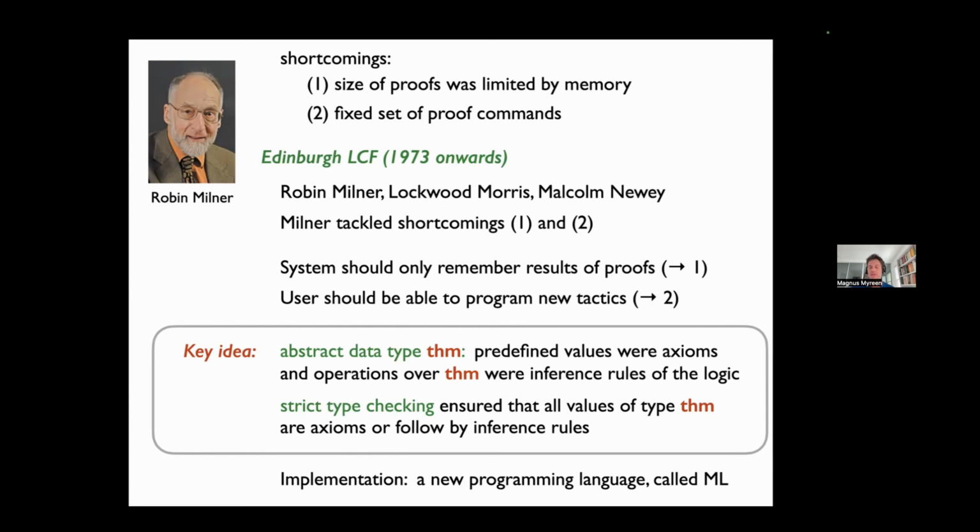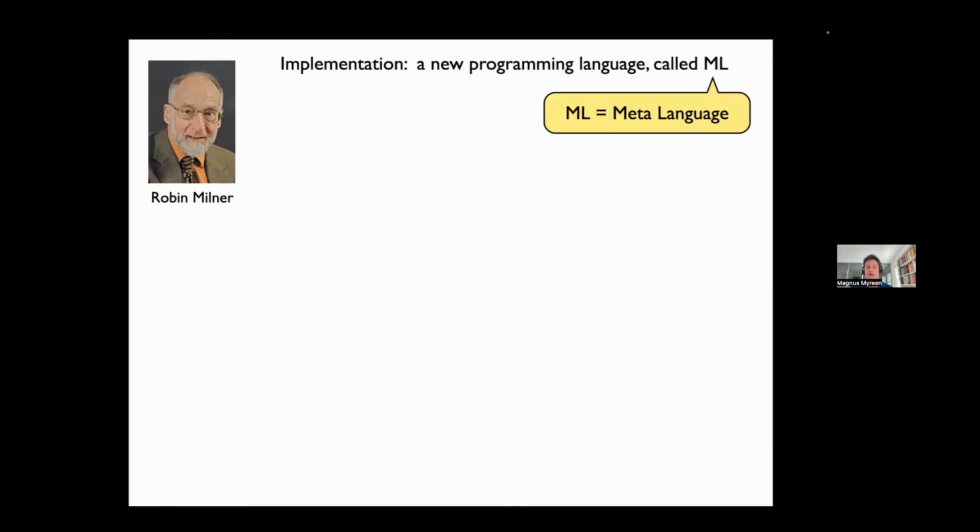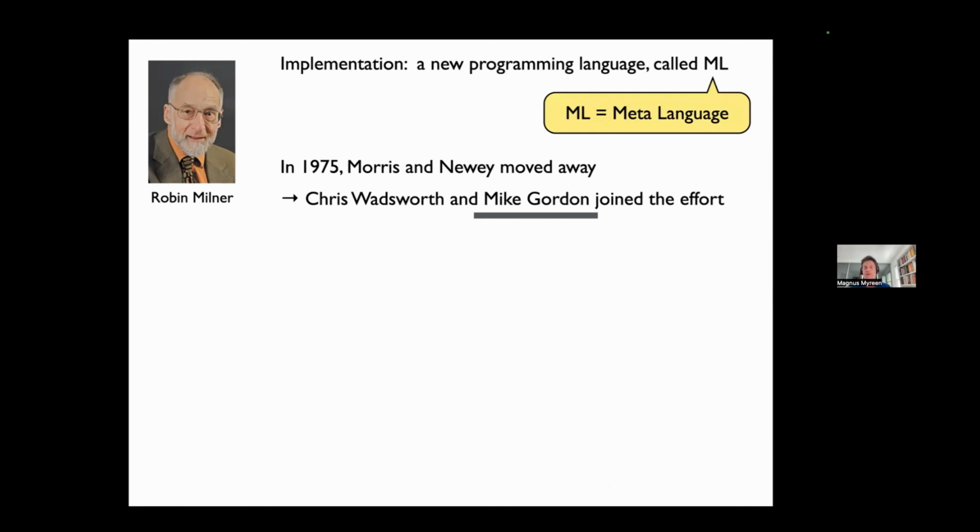And these ideas resulted in a new programming language called ML, which stands for meta language, because it is the language you use to manipulate the object language. The object language being, in this case, LCF, the logic of computable functions.